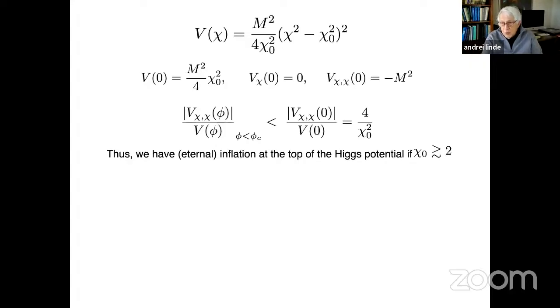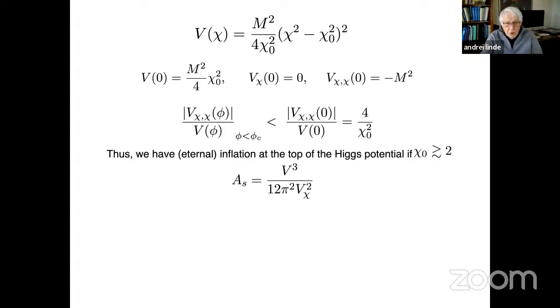And moreover, it is possible to show that this is eternal inflation in this regime. So essentially, if you have new inflation, it's always eternal inflation, as was especially clearly shown in the paper by Vilenkin.